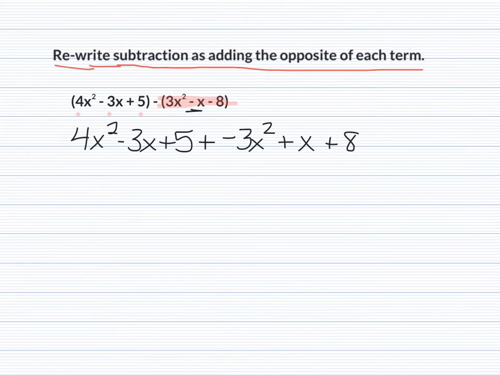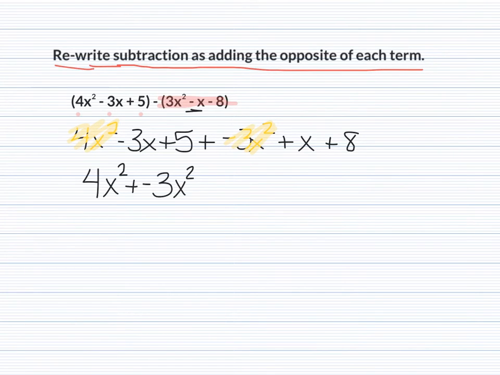Okay, so now I can see this problem a little bit better. Now I can identify my like terms and group them. So I see a 4x squared and a negative 3x squared. So I'm going to rewrite those. 4x to the second plus negative 3x to the second. You could have just written minus 3x squared there. It's the same.